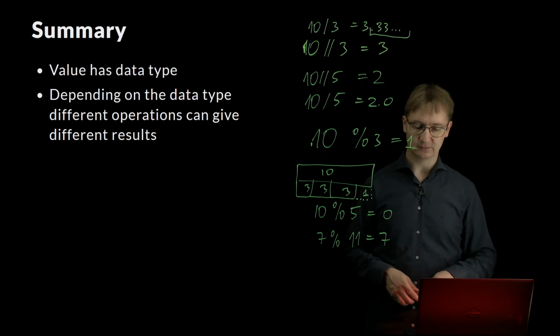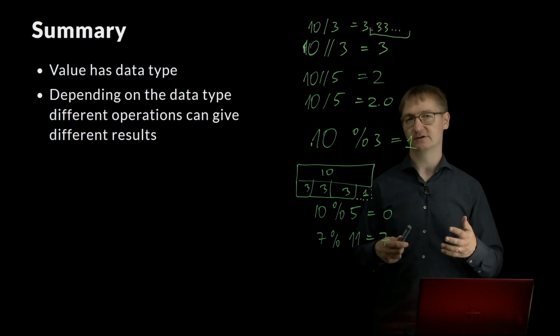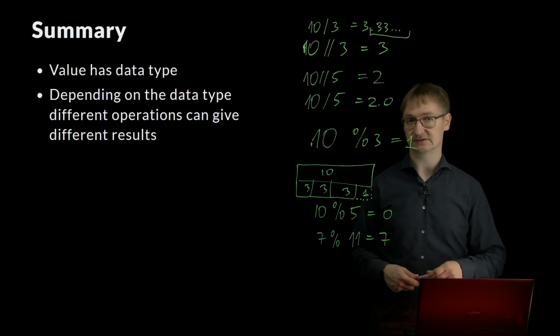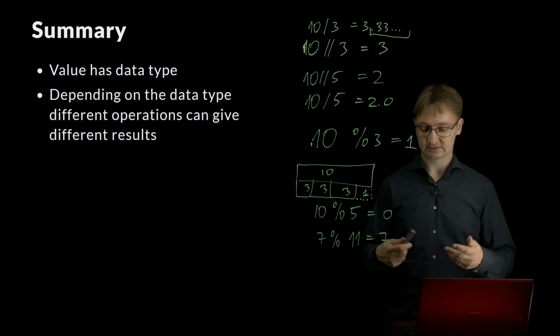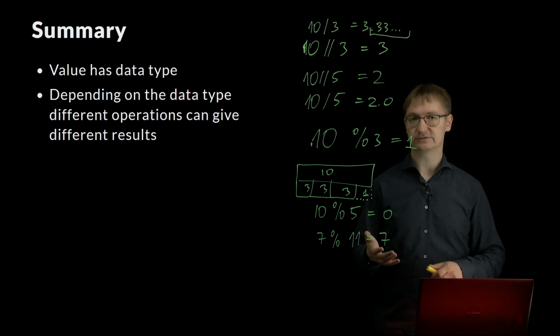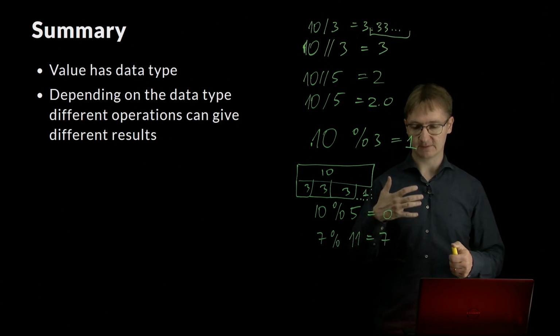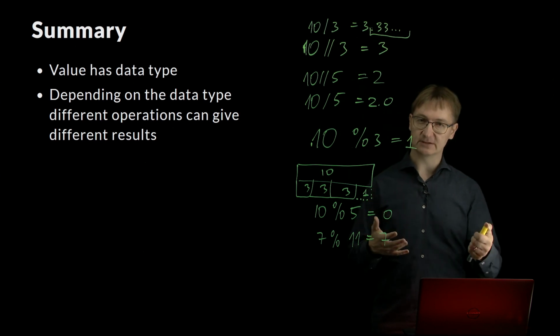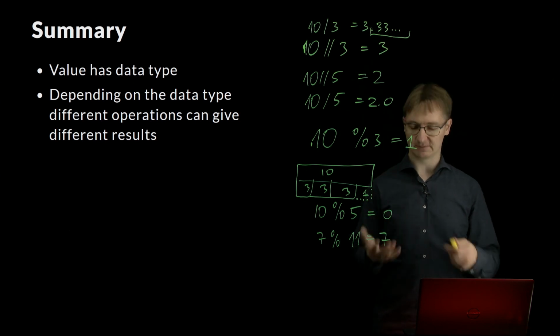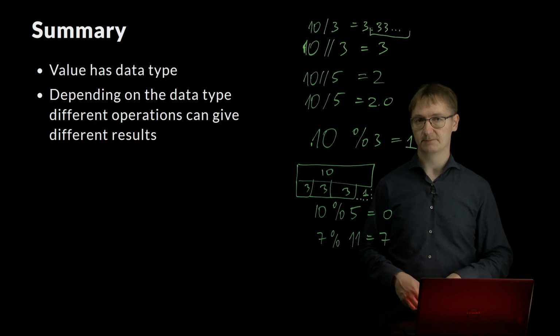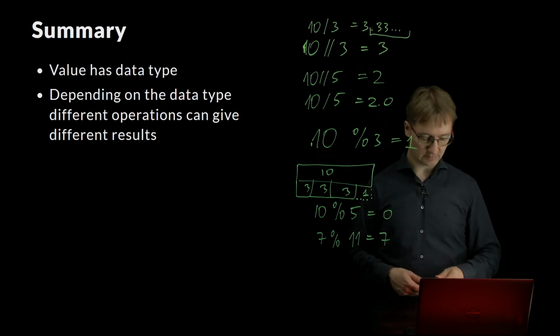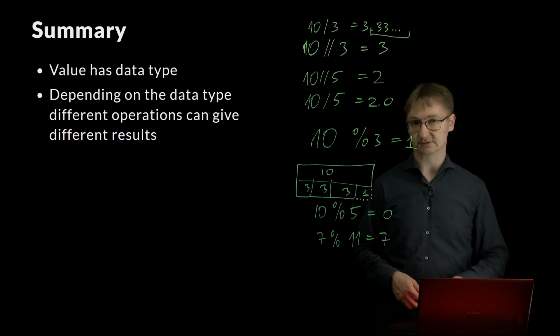But if we would use adding for strings, we get a different result. So that's something to bear in mind. And also, if we want to add a number and a string, we get a different result. For example, we get an error and so on. But for numbers, we saw how the basic operators work.